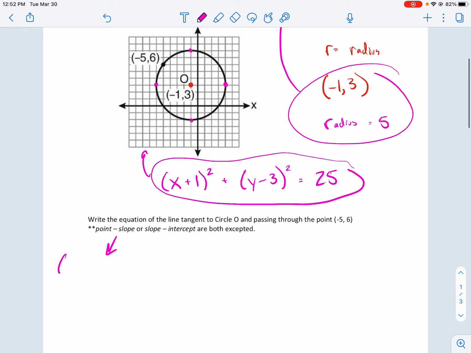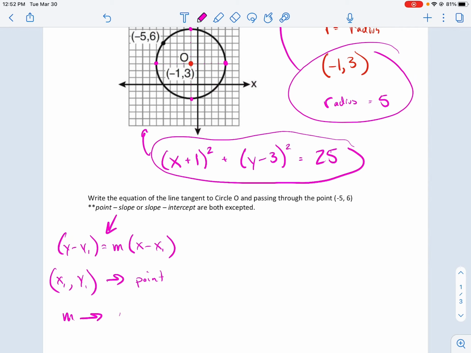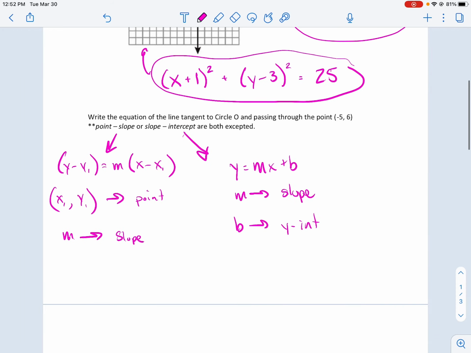This is y minus y1 is equal to m times x minus x1, where x1, y1 is the point we're going through, and m is the slope. And then this is y is equal to mx plus b, where again m is the slope, and b is your y intercept.